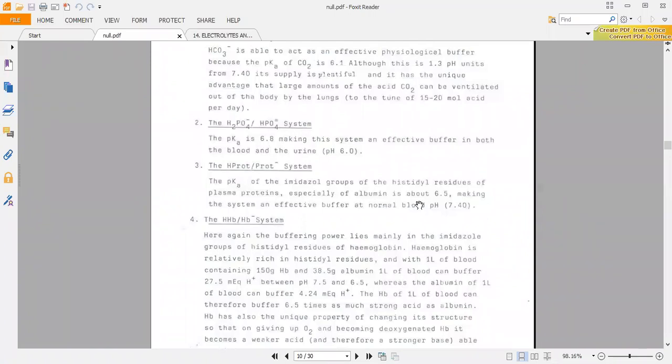Some of the proteins like albumin have a pKa of 6.5. So it can maintain the body's pH at 7.4, because we are saying that the limit is 7.4 plus or minus 1.7. So if your pKa falls within that range, then you can be used as a buffer.